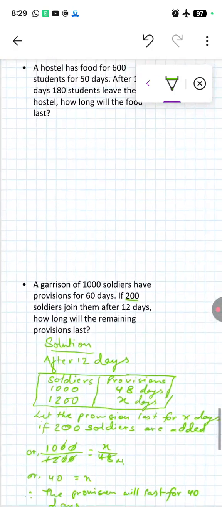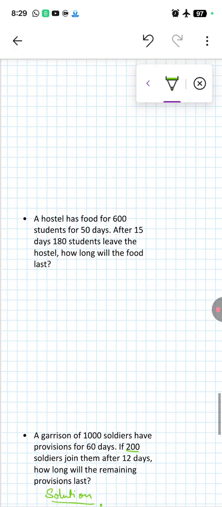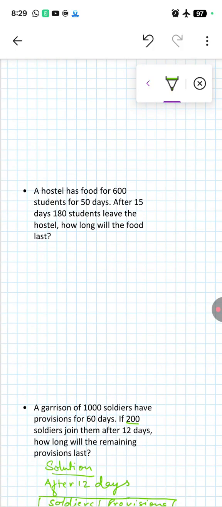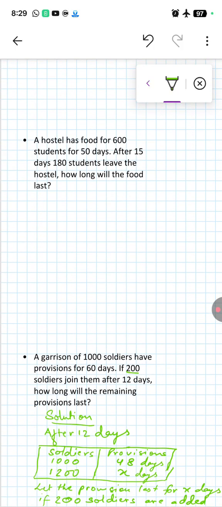Now, moving on to another question. What do we have? Same type of question is over here. A hostel has food for 600 students for 50 days. After 15 days, 180 students leave the hostel. So there it was added, and here they are leaving. If the students are becoming less, think that the food is going to last for many days.